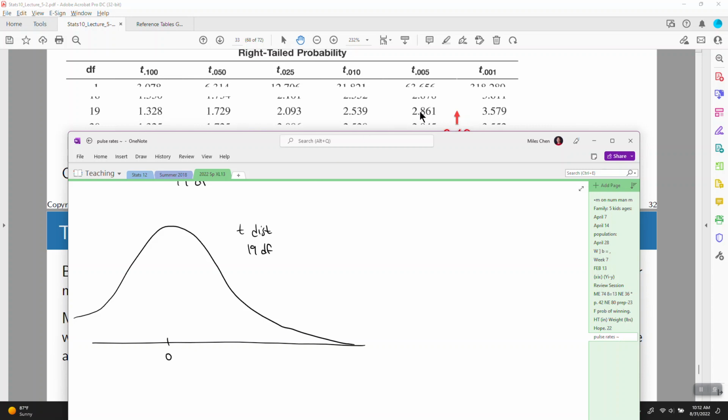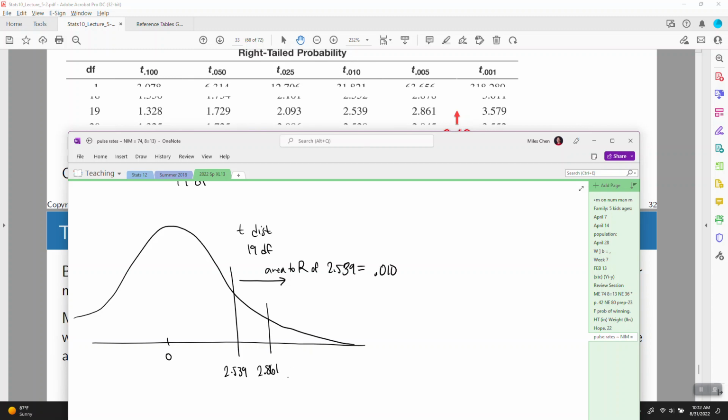If I were to draw a line at 2.539 and shade everything to the right, the area to the right of 2.539 is equal to 0.010, this column heading here.